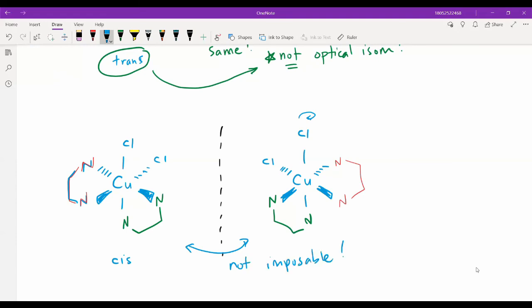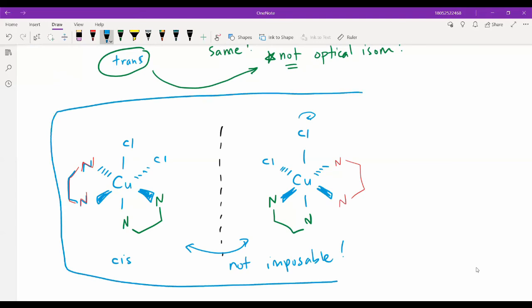So they're different. This would be the answer to drawing the two optical isomers, and that again is you have to start with the cis form, and either one of these you could start with, they're just opposite reflections.